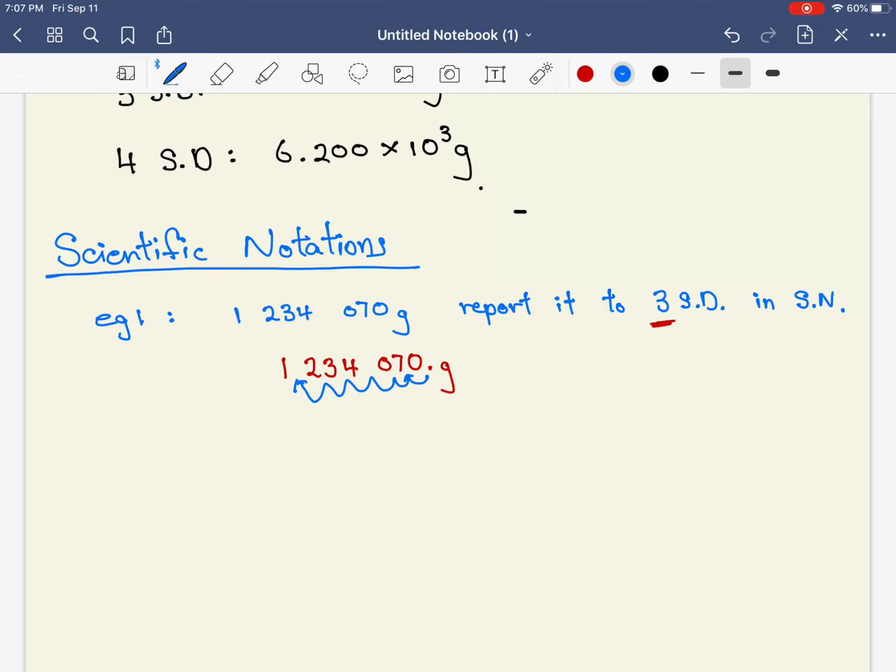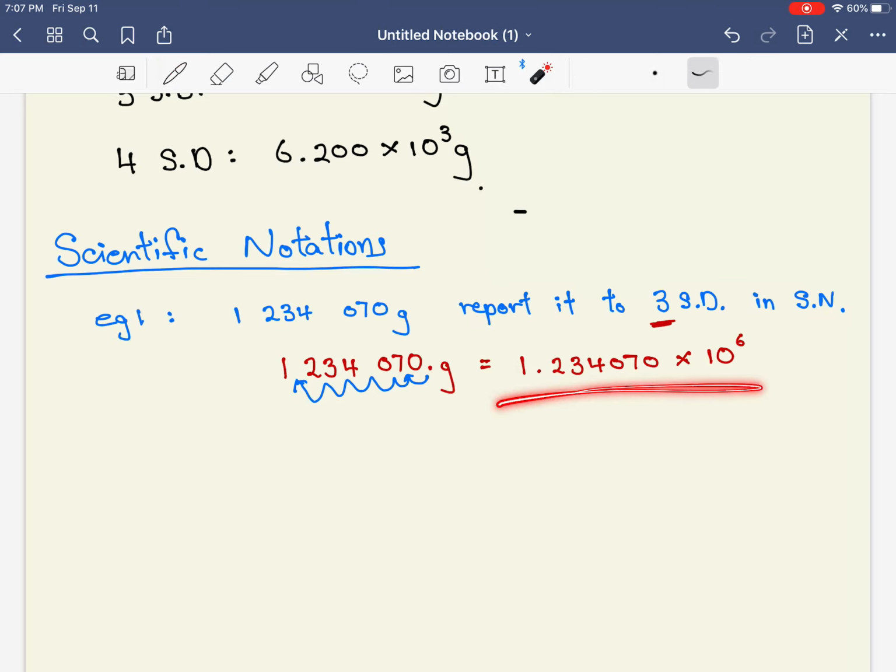I'm going to move it right there. Remember, for a scientific notation to be a scientific notation, it has to start with a number from 1 to 9. So it'll be 1.23470 times 10 to the power of, how many times did I move the decimal point? I moved it 6 times to the left, so it's going to be to the power of 6.